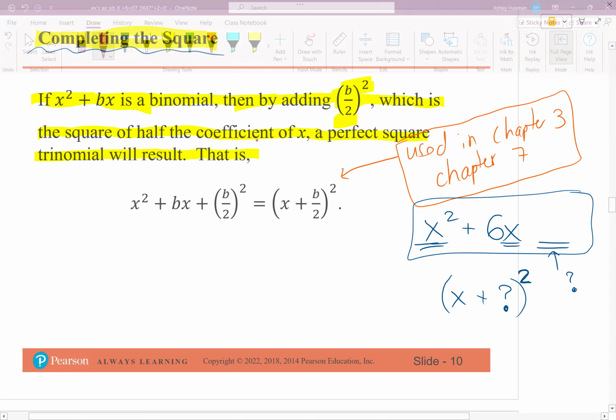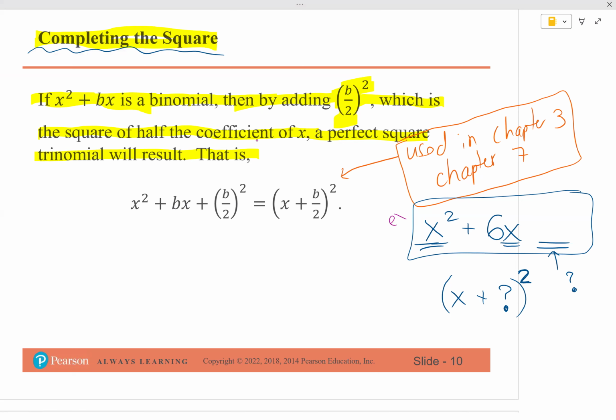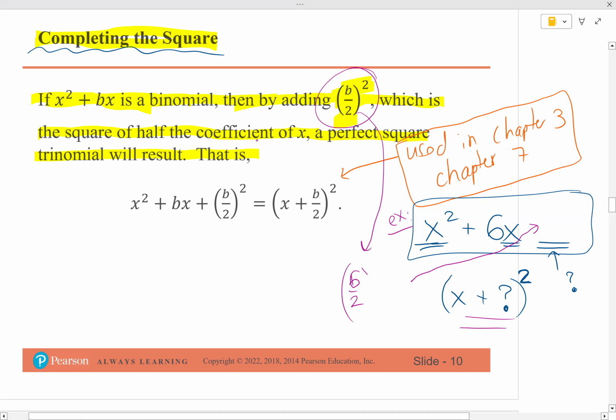In this example, it takes some getting used to, but what we do is say, okay, the perfect number that's going to go here to make this factor into a perfect square, in other words, two factors that are the same, is half of the coefficient of x, which was 6, or as they wrote it here, put it over 2 and then square it.